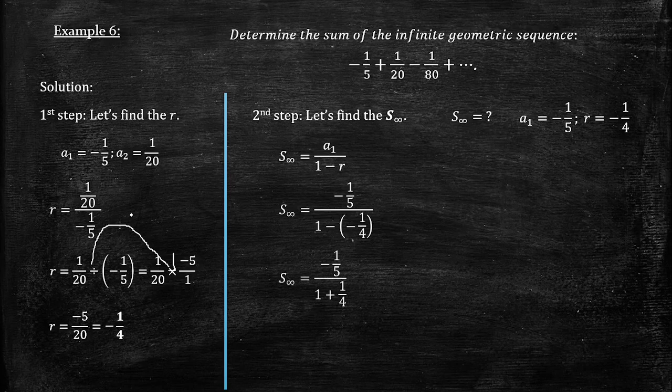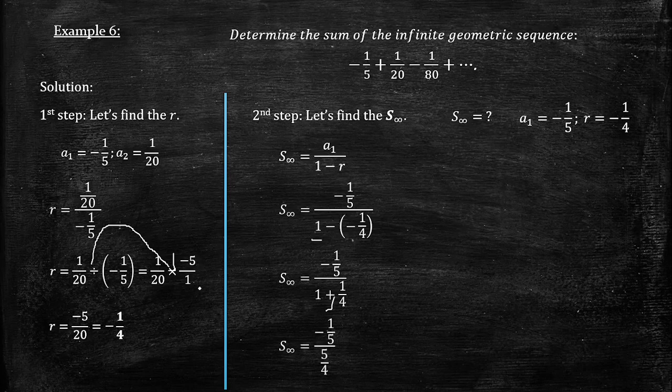Based from the definition of subtraction, ang mangyayari dito 1, then yung minus magiging addition, then yung second term natin, mag-change siya ng sign. From negative, magiging positive 1/4. Pero kung positive siya, magiging negative 1/4 siya dito. So magiging 1 plus 1/4.